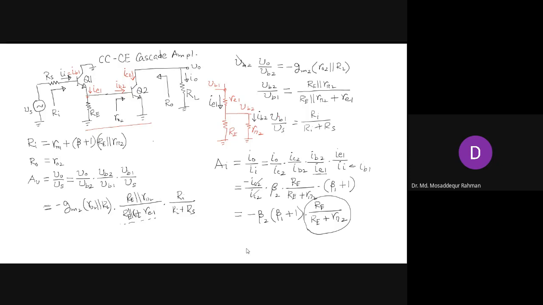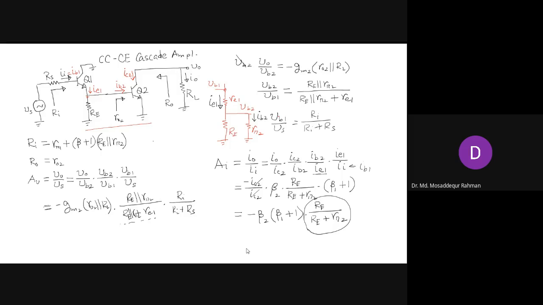Any questions, guys? Sir, why did we add RE? RE depends on your application. If you want to fix the voltage here, and you don't want it to depend much on R pi, the value of R pi, right? More independent. So you want a certain amount of voltage here.